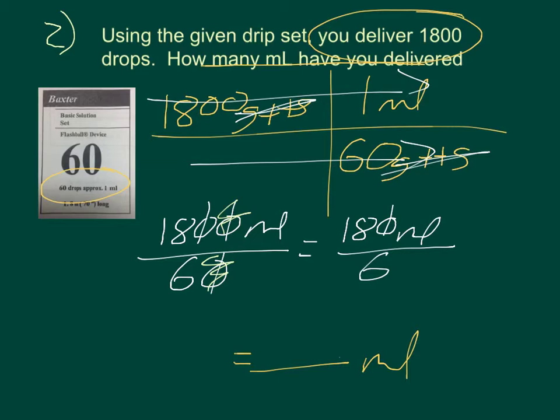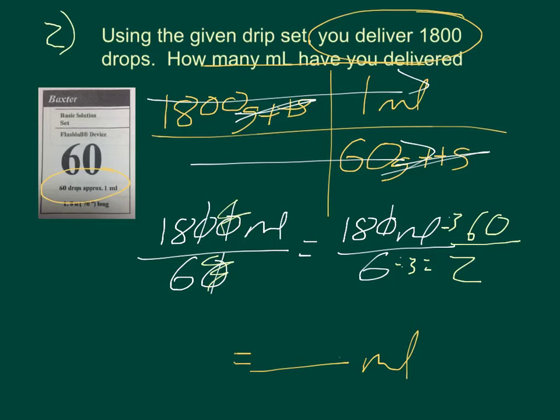I can divide more. Common denominator would be 2. We can divide by 2. Or we could also, let's see, what other denominator? We could also do 3. We can divide by 3. 180 and 6 both divide by 3. So if I reduce by 3, and this is how you would do this in your head without a calculator, 6 divided by 3 equals 2. 180 divided by 3 is 60.